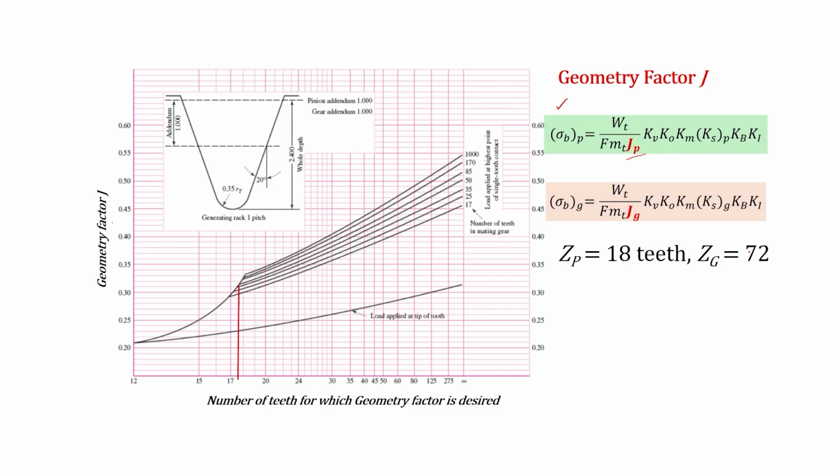And so, for the pinion, we will select 18 teeth, and the corresponding geometry factor is 0.309 here, 0.309. For the gear, the number of teeth is 72, and the number of teeth on the mating gear is 18.